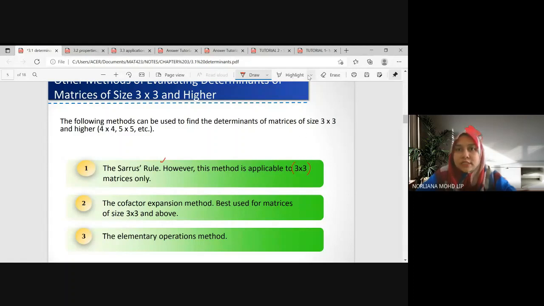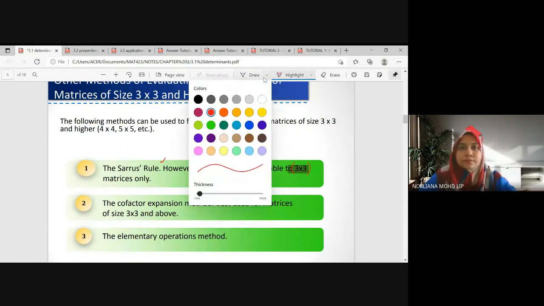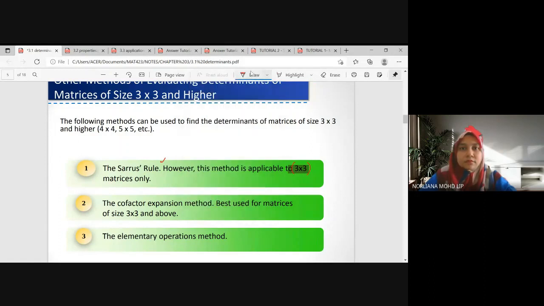Then we can also use the cofactor expansion method, which is the best method for matrices of size 3 by 3 and above.